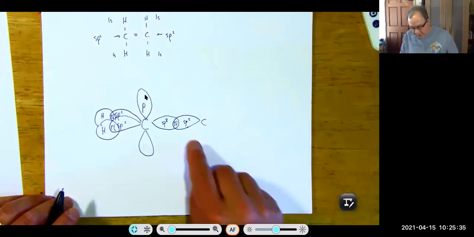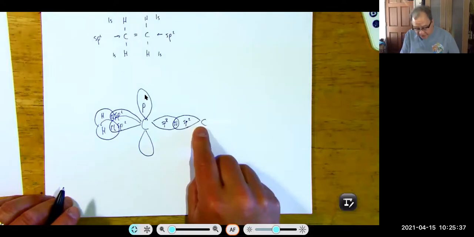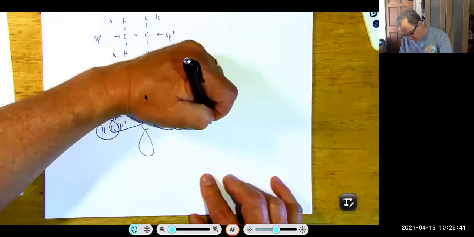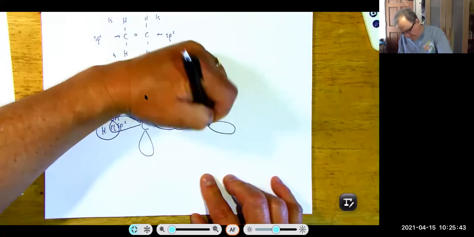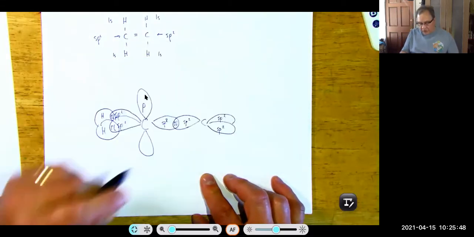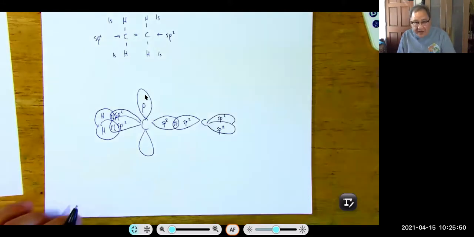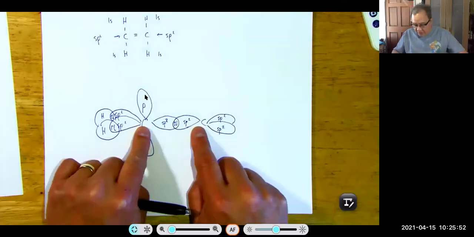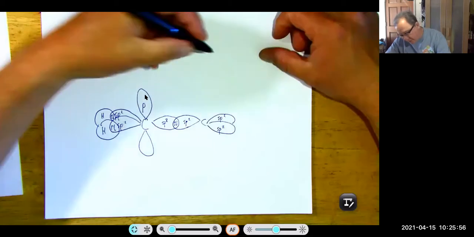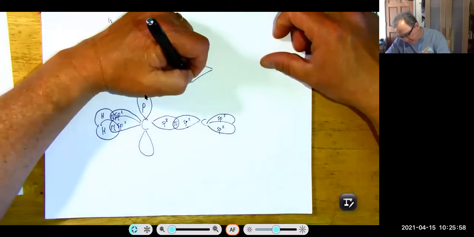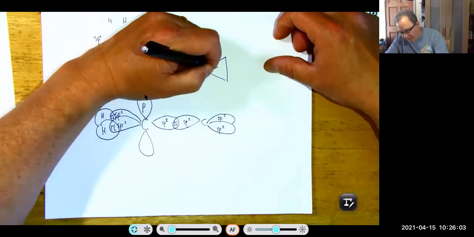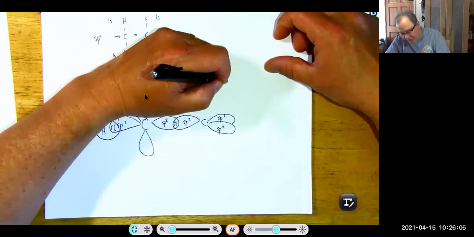Now for this, how do I draw the rest of the carbon? The answer is kind of like the mirror image of this one, so they're both triangles. Flat triangles where, if you look at them from the top, they're kind of doing this. Here's one carbon, hydrogen here, hydrogen here, hydrogen here.